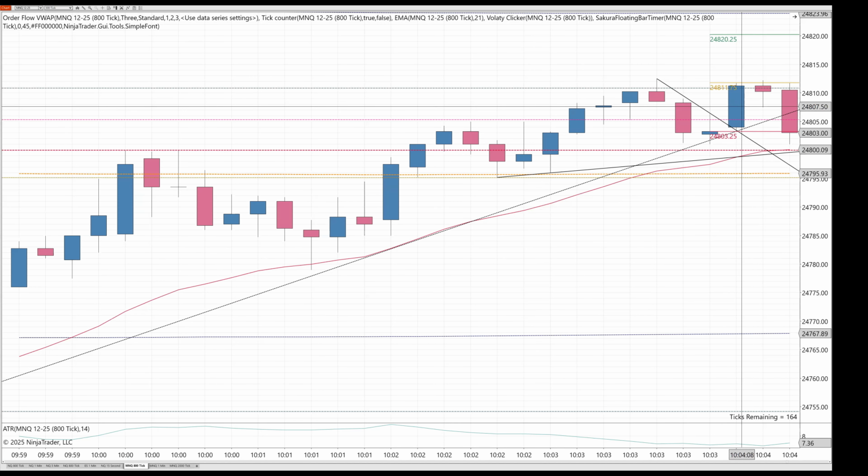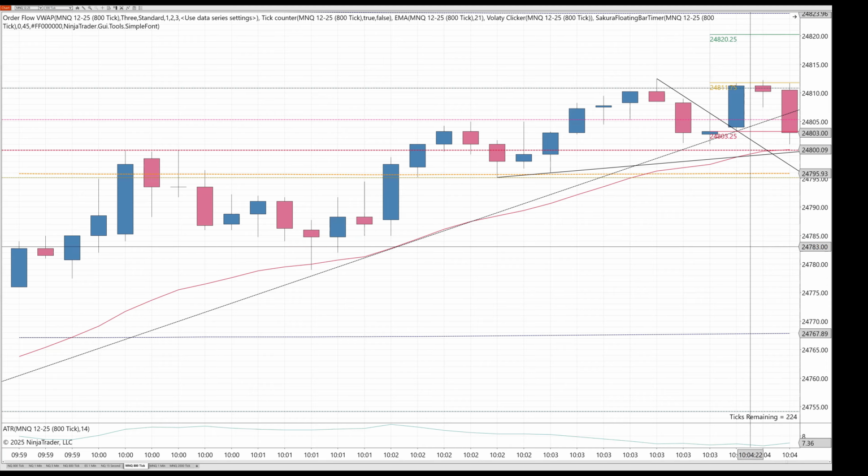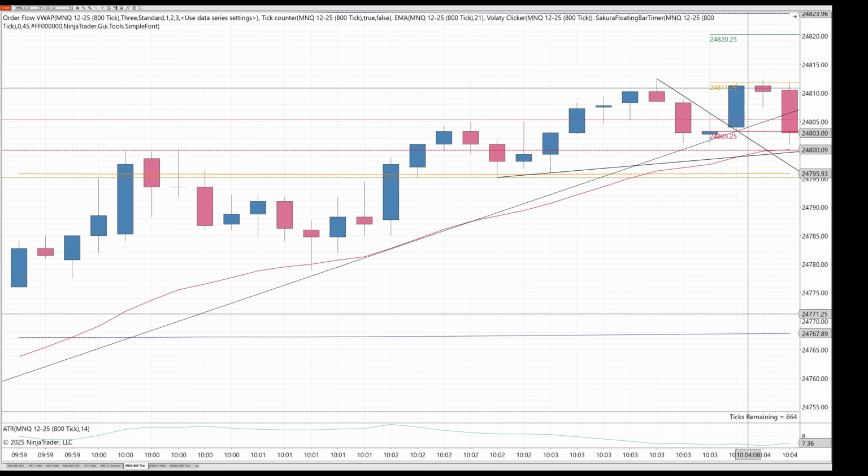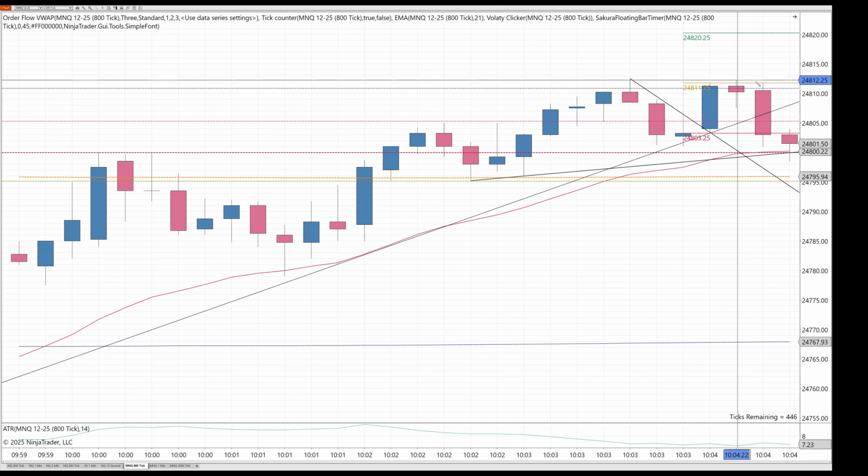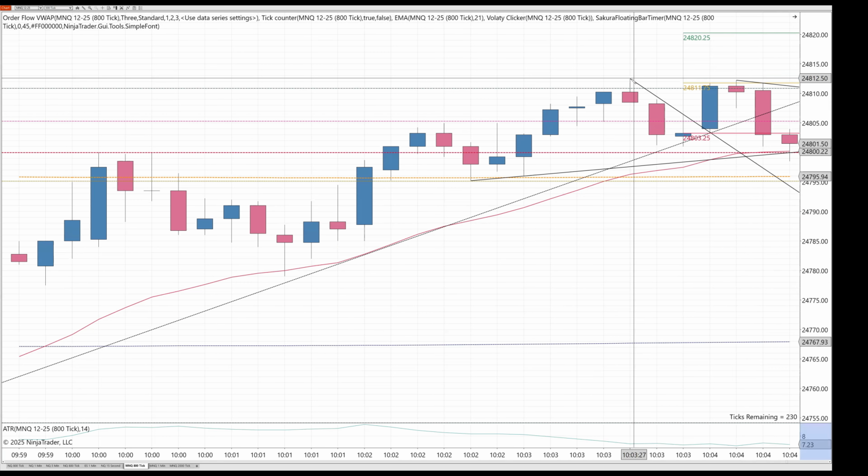Let's just say we lost 10 points on this trade, which kind of stinks. All right, so with that, we're going to draw a new downward trend line, just one, and then we're also going to draw this one.